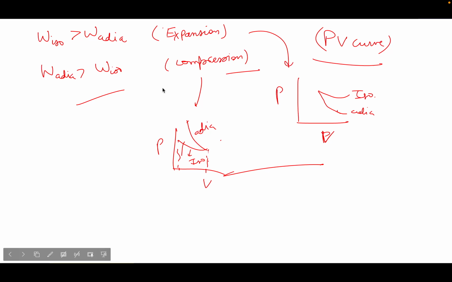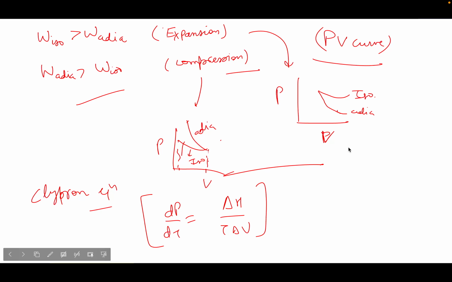Next thing that is important for today's questions is the Clapeyron equation. We know that dP/dT is equal to ΔH upon TΔV. This is the Clapeyron equation, and we can derive the Clausius-Clapeyron equation from here.